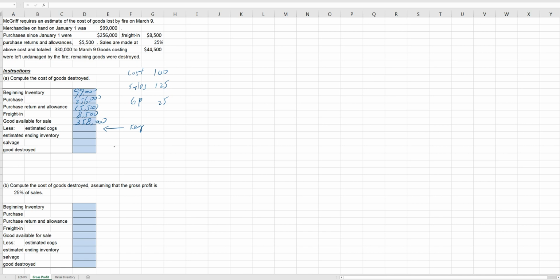This is what we want, right? So let's estimate the cost of goods sold. And how do we estimate? We're going to estimate cost of goods sold from its sales number.